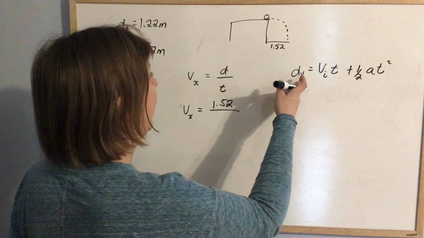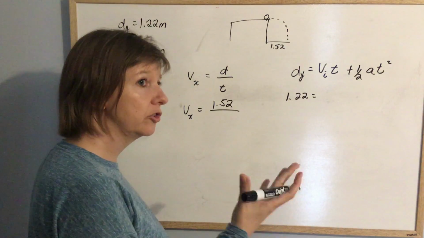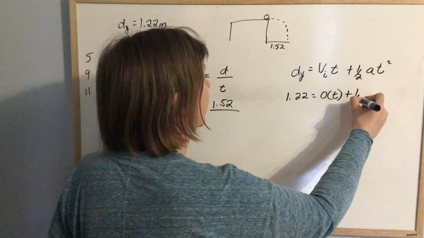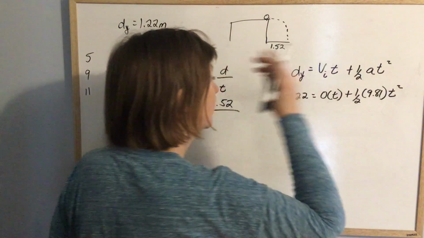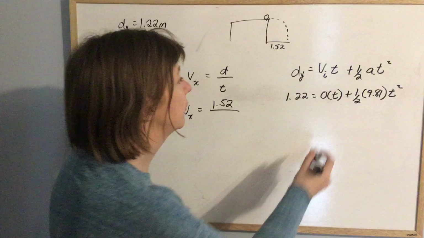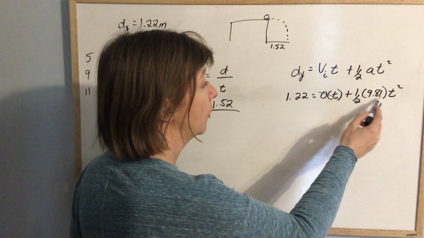So I actually have this displacement, 1.22. Again, in the y direction, vertically, my initial velocity is 0, plus 1/2 times 9.81 times t squared. I should be able to figure that out, because that would be 4.905.